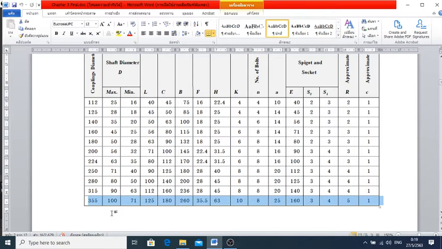But of course, in some cases you're forced to enlarge the diameter of the shaft. It means you have to do some design or manipulate the dimensions all around here by yourself. You have to do extrapolation.